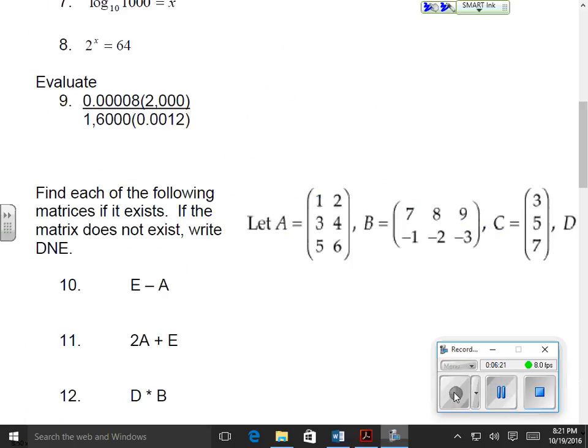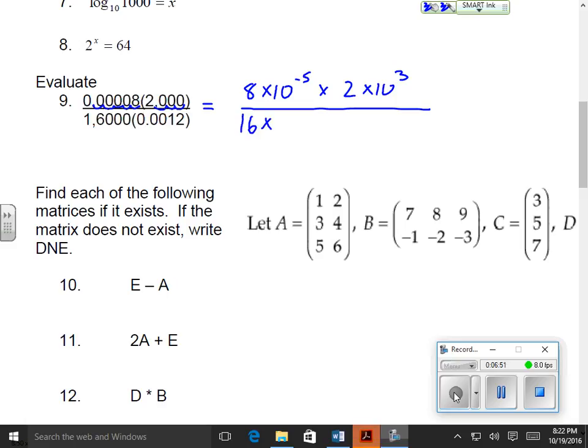Number 9, if we change these into scientific notation, we would get 8 times 10 to the 1, 2, 3, 4, 5 to the negative 5th power times 2 times 10 to the 1, 2, 3rd power, all over 16.